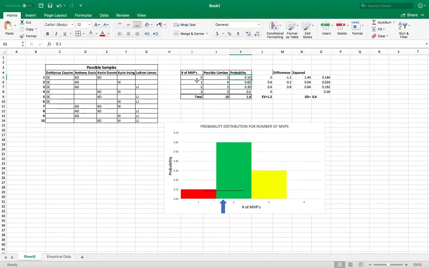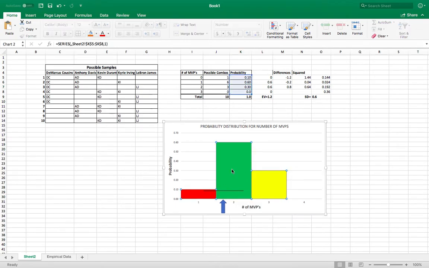The probability for drawing 0 is the smallest, and that is 10%. The probability of drawing 1 MVP is up to 60%. That is the highest. And to draw both of the MVPs is at 30%.